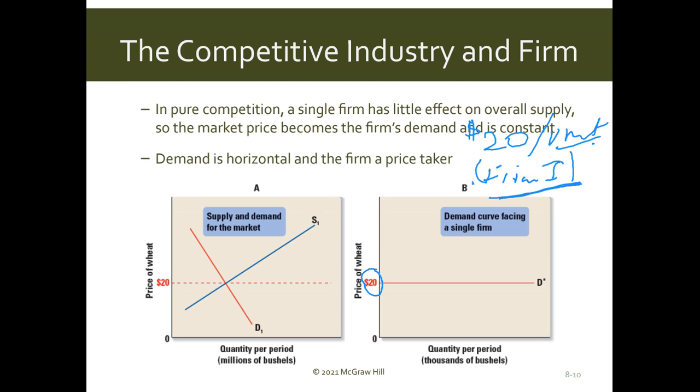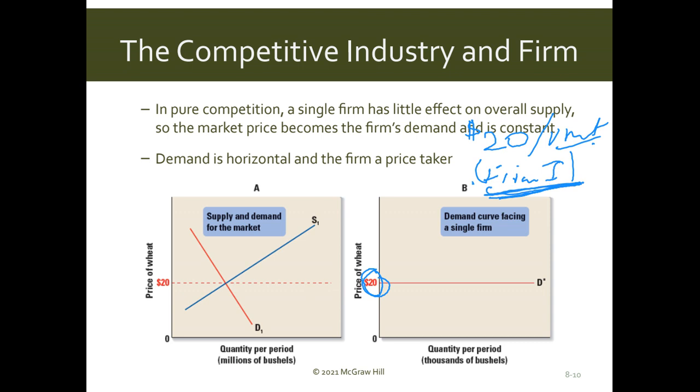Why should I accept a lower price? So if I am selling an identical product, and if the size of my farm or my production level is small, then I will never sell my product at less than $20. That is for sure. Second possibility, if I am selling these tomatoes, I will never charge more than $20.